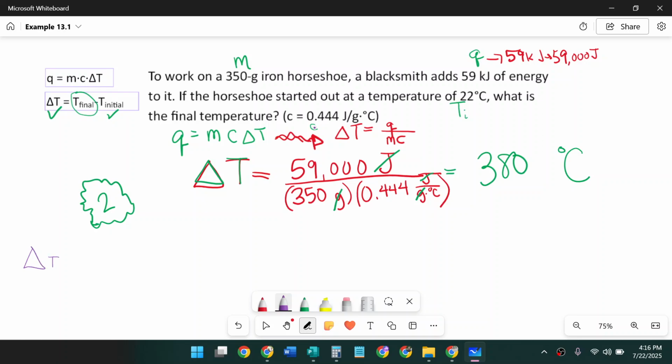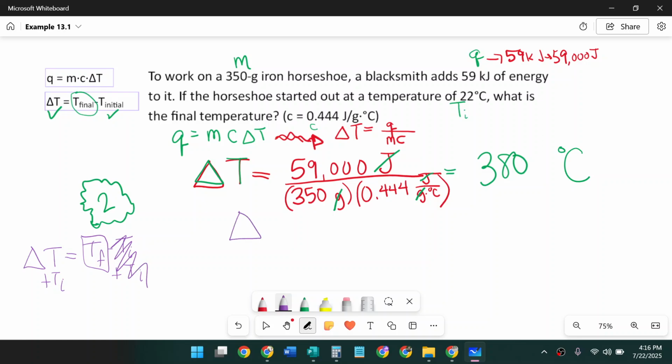So change in temperature, well, that's not at all proportional. Change in temperature equals T final minus T initial. That way I don't have to write the whole words. I want this one by itself. Use some algebra. How do I get it by itself? I can add the initial temperature to both sides, and then it goes away over here.